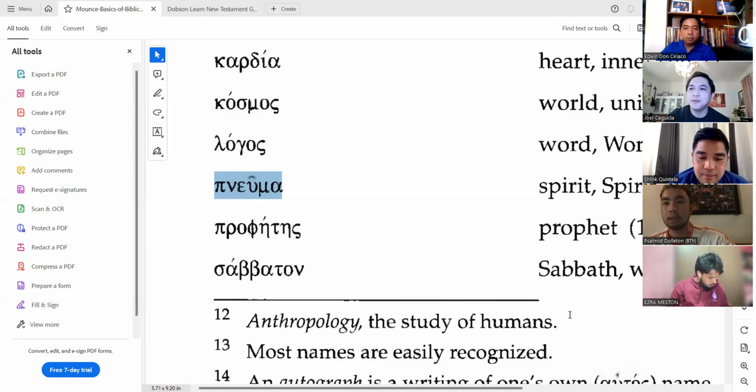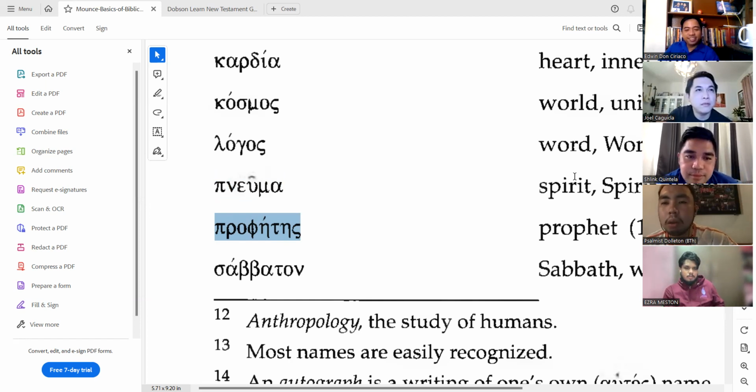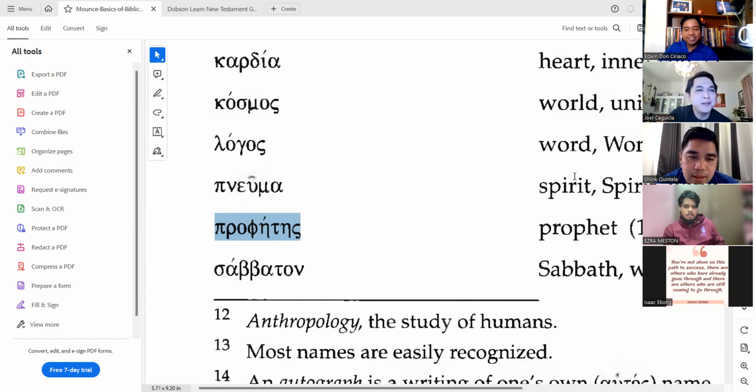And then we give this to the next one, Pastor Isaac, this one. I know it's a lot, but it's not really hard because the English is already there. So try to read.